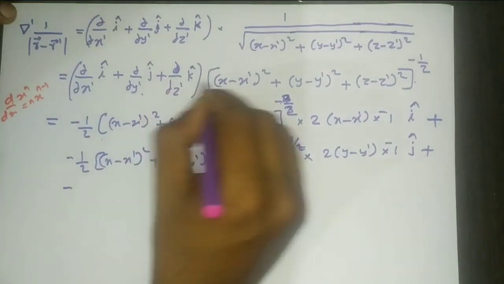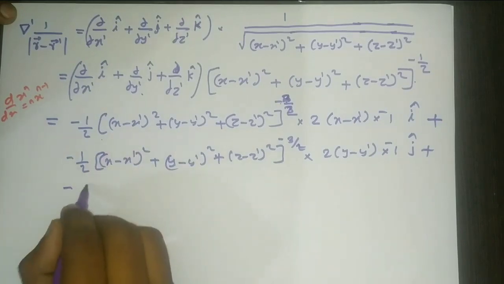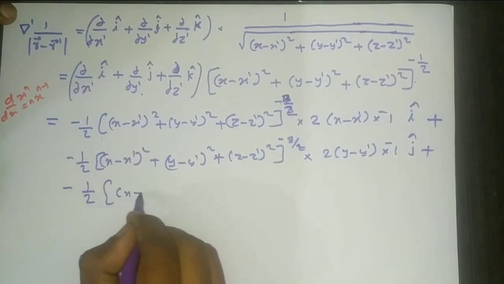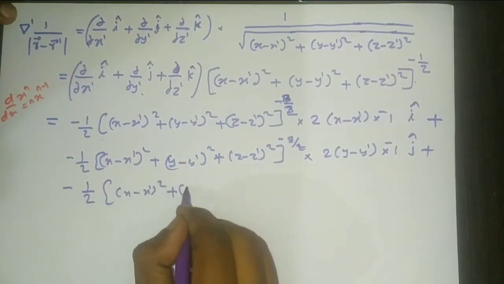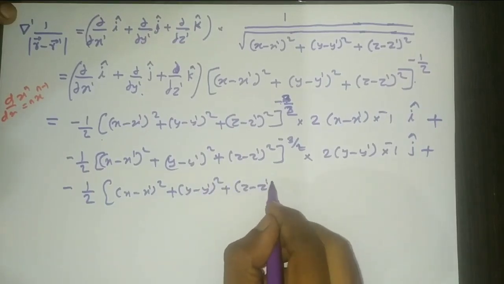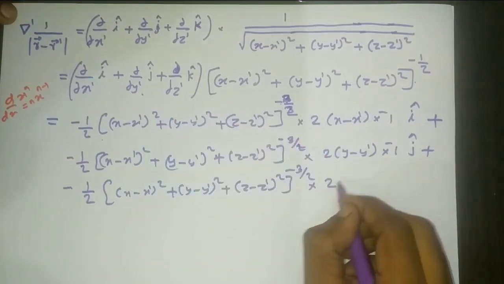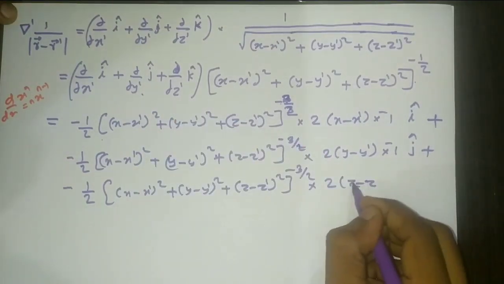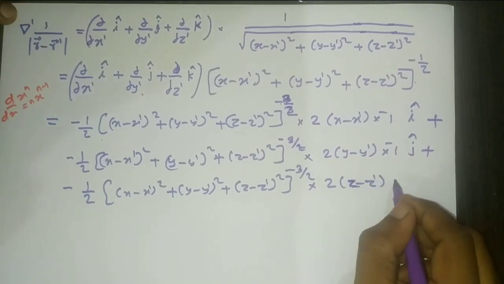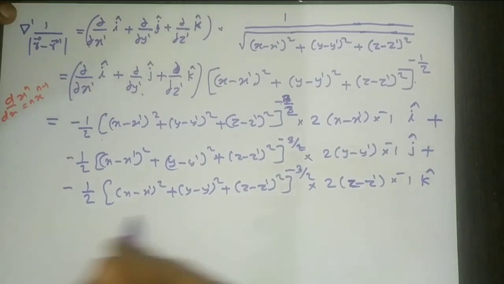Once again the differentiation for the (z − z')² term, the first unit will be same, [(x − x')² + (y − y')² + (z − z')²] to the power minus 3/2 into 2 into (z − z') into minus 1, k cap.